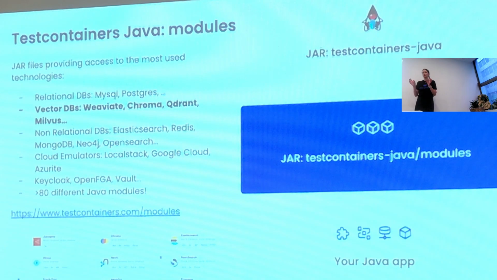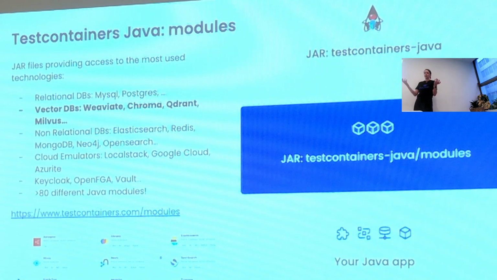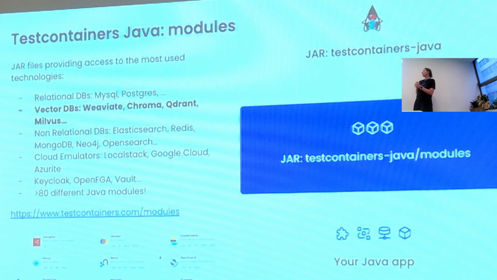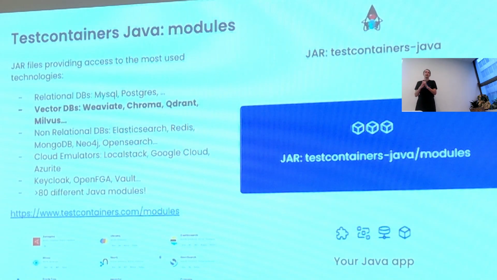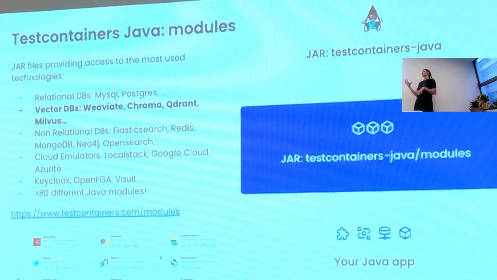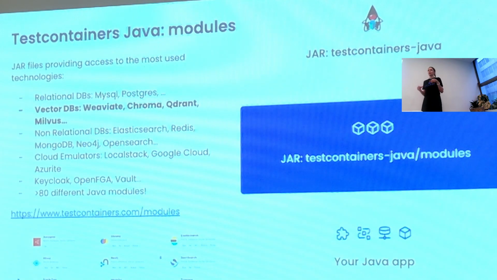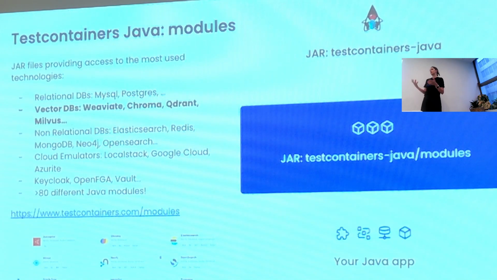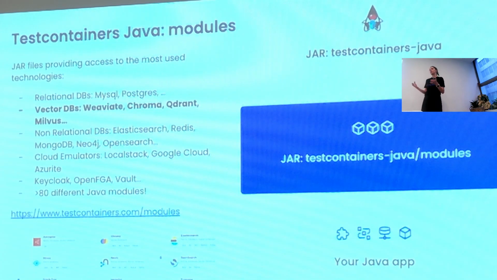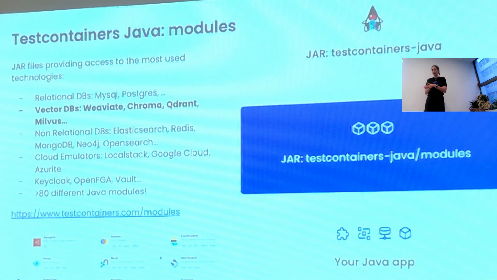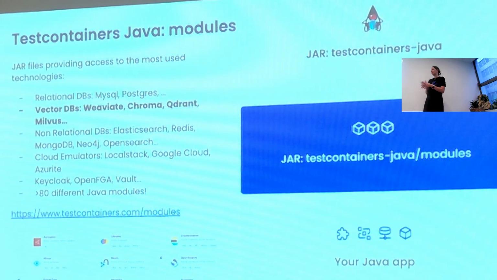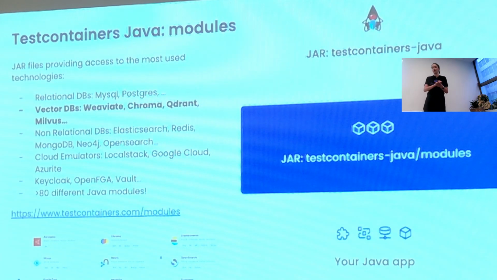So you just put in code that you want Postgres with this image, start, and it starts. In the list of modules, there are databases, cloud emulators, message brokers, and we added a couple of vector databases that can be used to spin up these types of databases for testing if your application is using a vector database for the RAG.